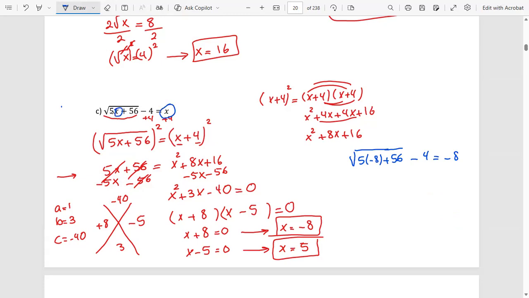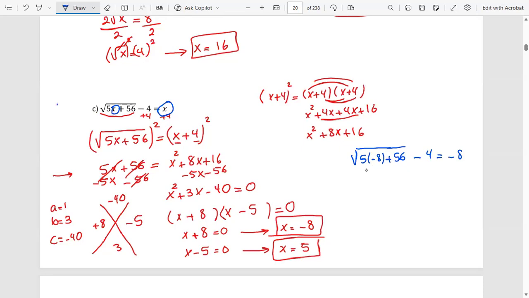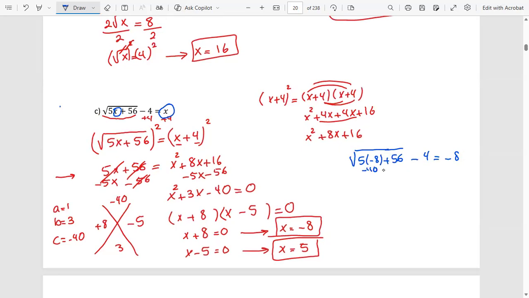Both of them must be replaced by negative 8. Inside the radical, 5 times negative 8 is negative 40. Negative 40 plus 56 is 16. And the square root of 16 is 4. And 4 minus 4 gives me a 0 on the left side. But on the right side, we have negative 8. Is this a true statement? No. So negative 8 cannot be a solution.